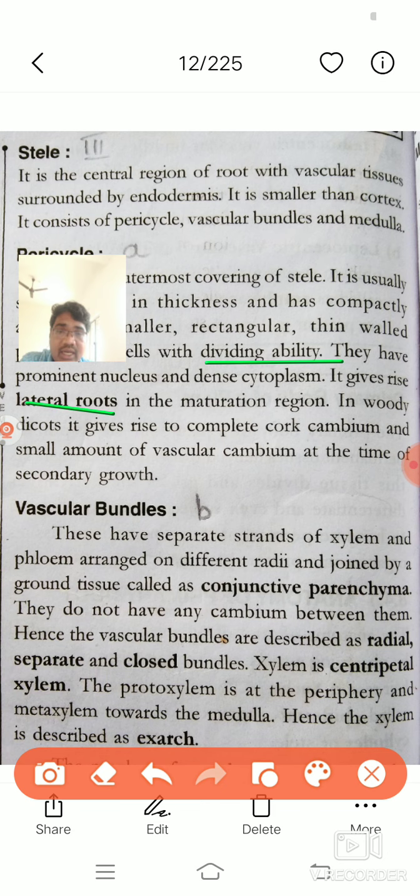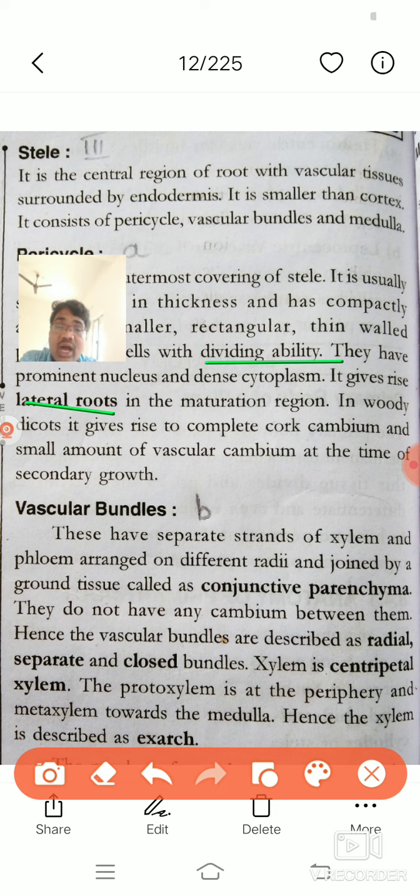In the stele, the vascular bundles have separate strands of xylem and phloem arranged on different radii, joined by ground tissue called conjunctive parenchyma. Here the vascular bundles are separated.